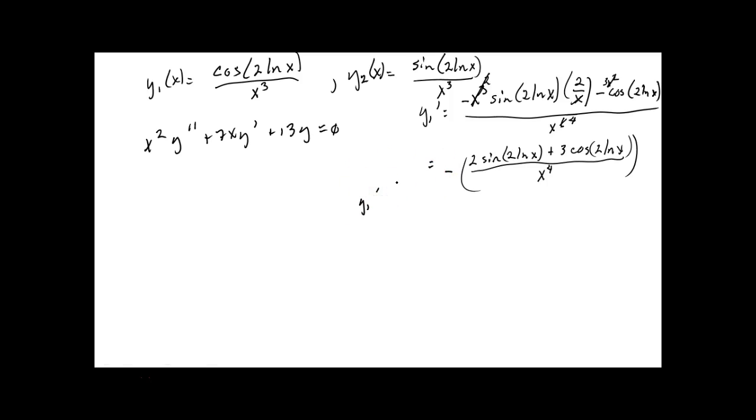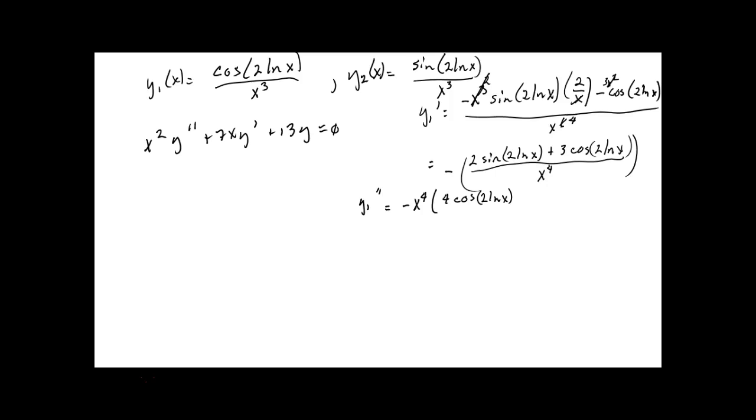Okay. Let's do our y1 double prime. What is that going to be? Minus x to the fourth. Agreed? That's the first part.